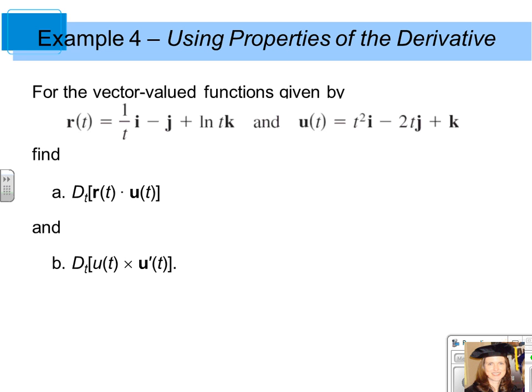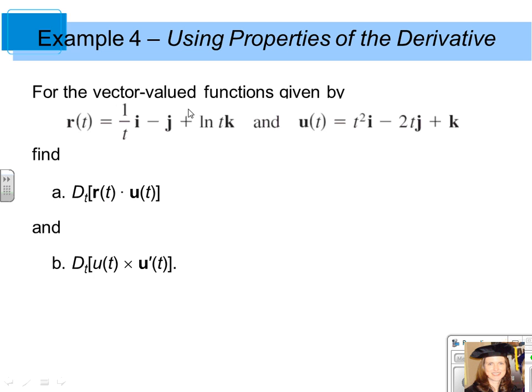For this example, we're going to use the properties of the derivative for the vector valued functions that are given by r of t equals 1 over t i minus j plus natural log of t k, and u of t equals t squared i minus 2t j plus k. For part A, we want to find the derivative of r of t dot u of t.